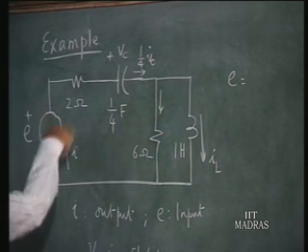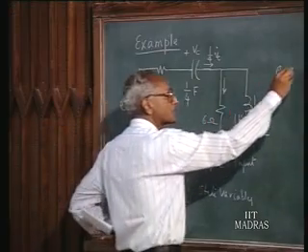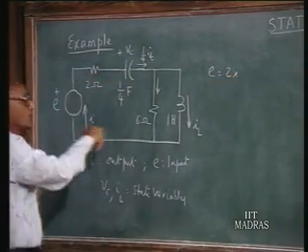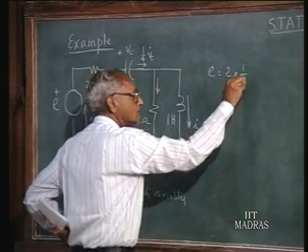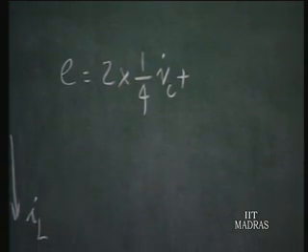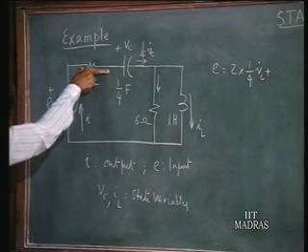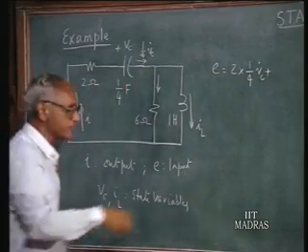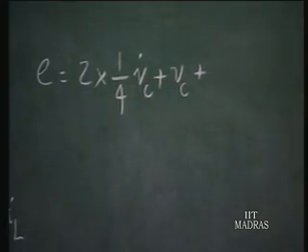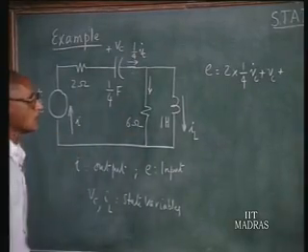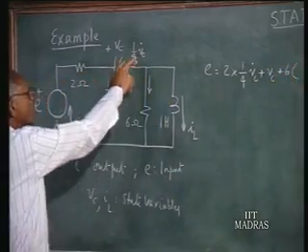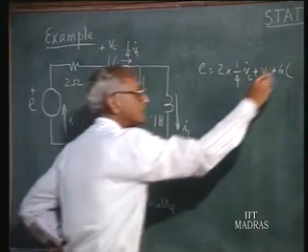Therefore, I can write E is 2 times the current, 1/4 Vc dot, plus the voltage drop across this resistance, plus this voltage which is Vc, plus the voltage drop across the 6 ohm resistor, which is 6 times the current through this, 1/4 Vc dot minus IL.